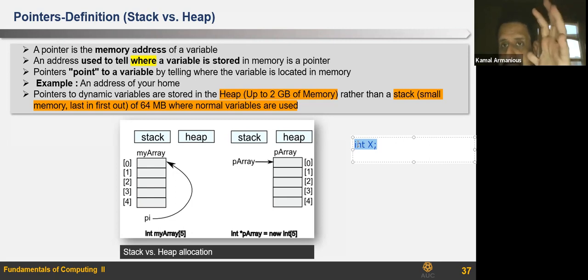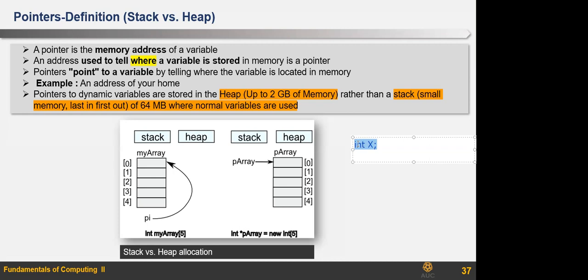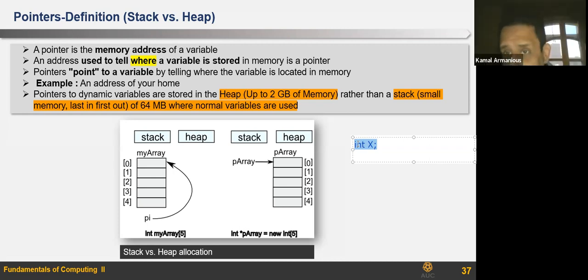In the heap, you have to allocate and deallocate memory. Roughly, you have to reserve an apartment, and after that if you leave the apartment, you have to empty it. But in the stack, the memory is already allocated. Okay? Why are we using the heap? Because if we have large applications, we have to use the heap.